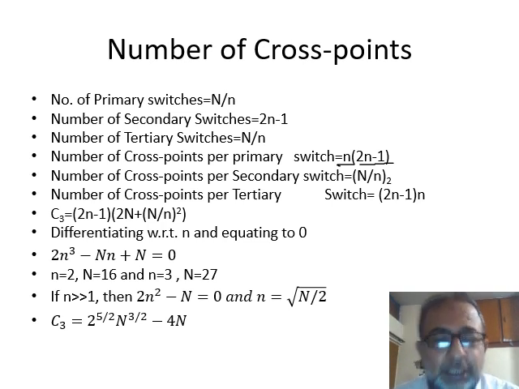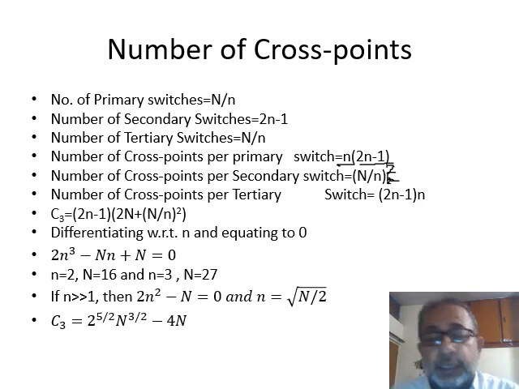Number of cross points per secondary switch is capital N over small n, whole square. Why is it capital N over small n square?